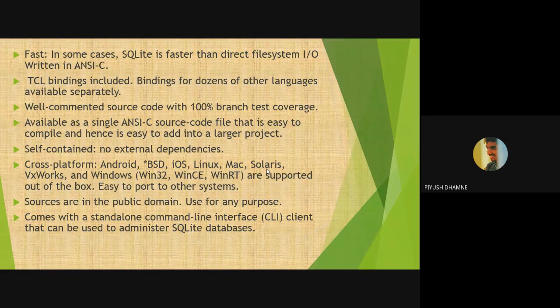Input-output written in ANSI C. TCL binding included, bindings for dozens of other languages available separately. Well-commented source code with 100% branch test coverage. Available as a single ANSI C source code file that is easy to compile and hence easy to add into a large project. Self-contained, no external dependencies.